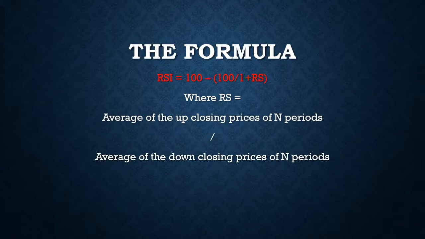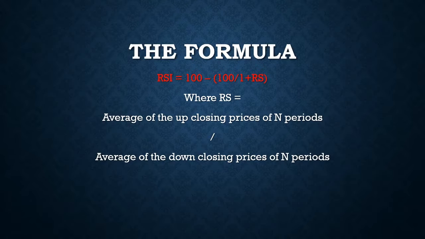The formula to calculate the RSI is RSI equals 100 minus 100 divided by 1 plus RS. RS is, of course, relative strength. What is the relative strength? It is calculated this way. RS equals the average of the up closing prices of n periods.